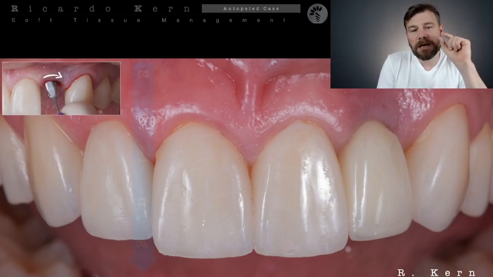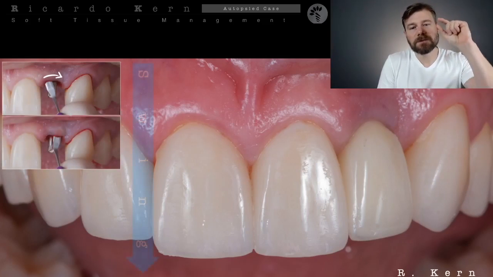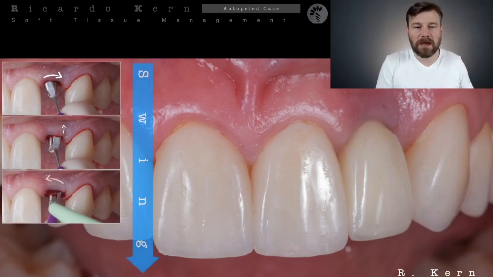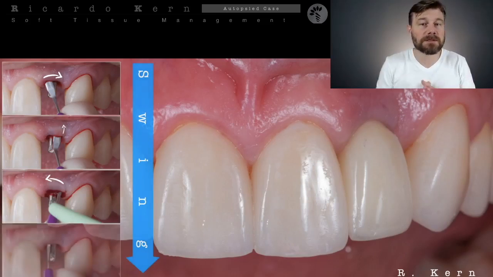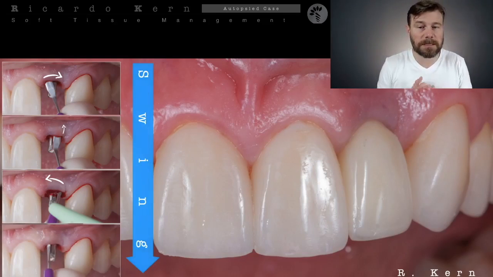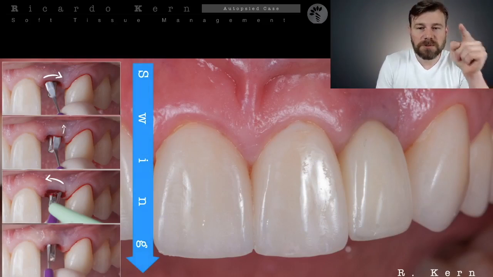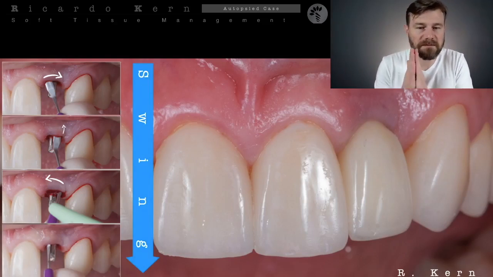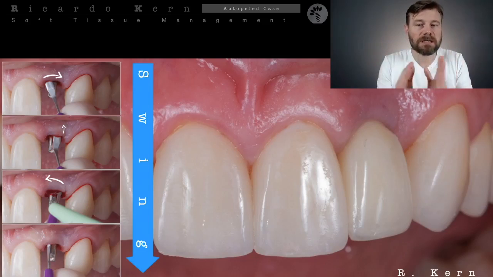Different ways I'm talking about to split or to prepare the keratinized area, and apical to that the mucosa area. We treat these two different tissues, okay? You can choose to go to full thickness flap. This is your option. My option usually is to split this area.